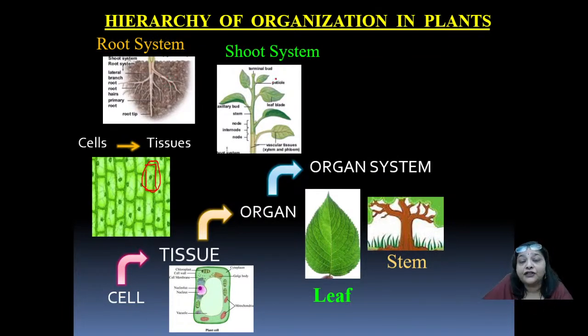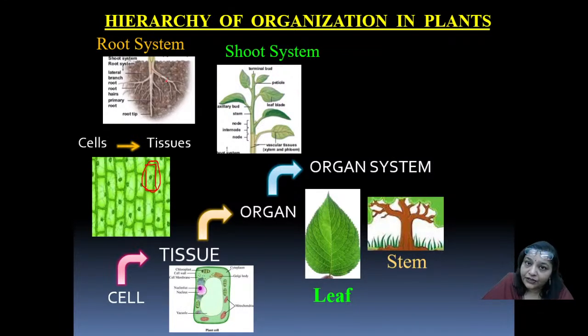Whereas the shoot system, which is found above the soil, can be seen, and it is made up of various organs like the leaf, the branches, the stem, okay, the tip. Of course, it also produces the floral parts like the flower, which gets converted into fruits and seeds after fertilization. Okay, right. Now all these parts are of the shoot system.